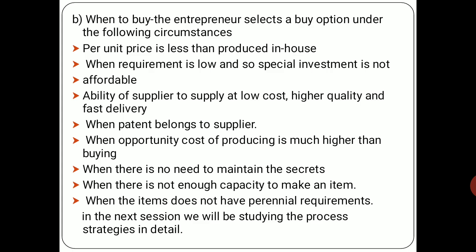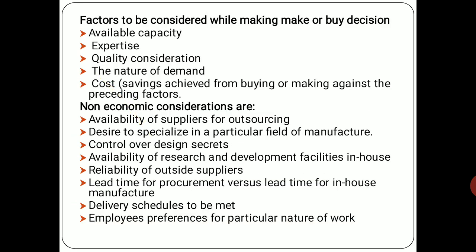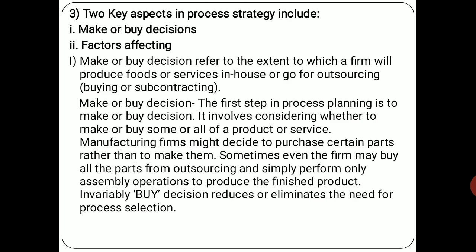In the next session we will be studying the process strategies in detail. What we have completed today is the process strategy and the factors affecting process selection. Process selection, as I told you, will continue further. In between we have taken up that when a process is to be selected, there has to be a strategy, which is said to be the process strategy.